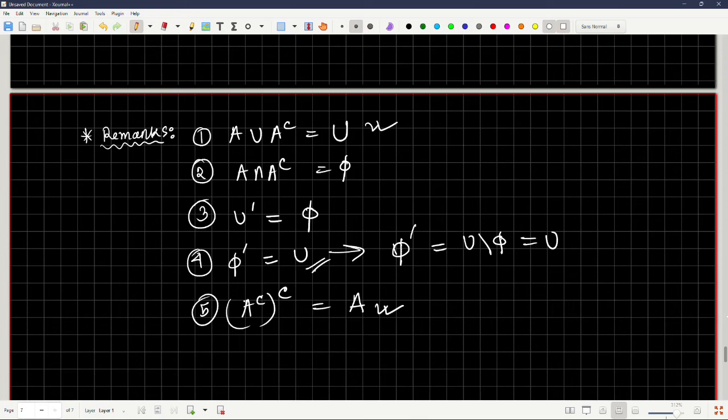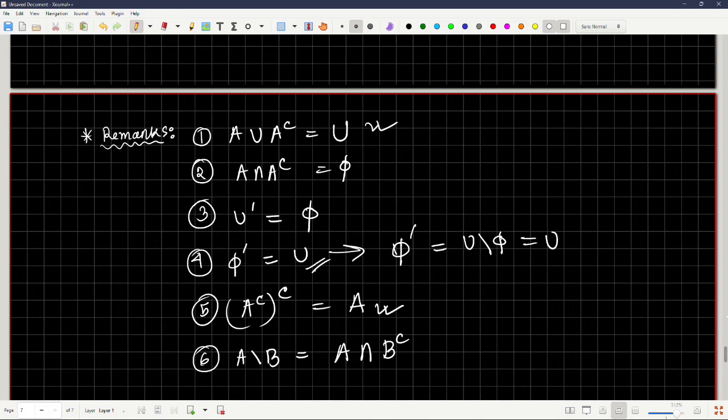This is also easily seen by Venn diagrams, or if you want you can use the definition of the complement of a set to show that. And lastly, A difference B is the same thing as A intersection B prime, or B complement.